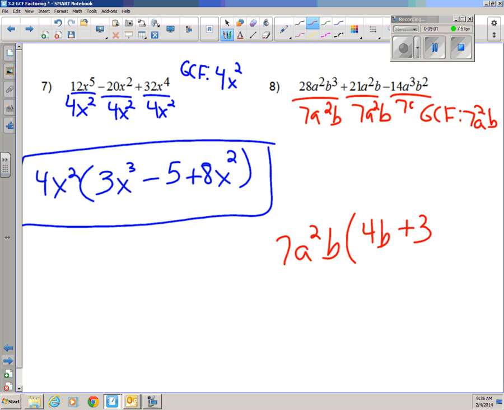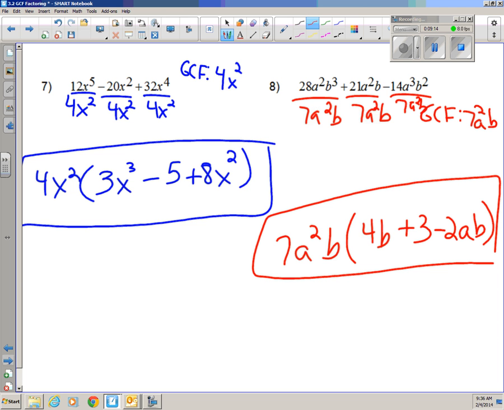And then negative 14A cubed B squared divided by 7A squared B becomes negative 2AB. Final answer, 7A squared B times the quantity of 4B plus 3 minus 2AB.